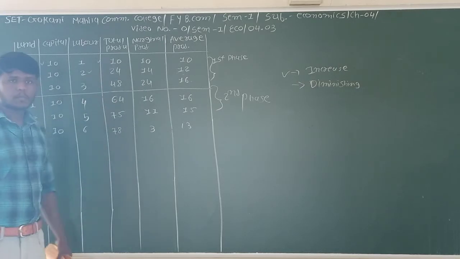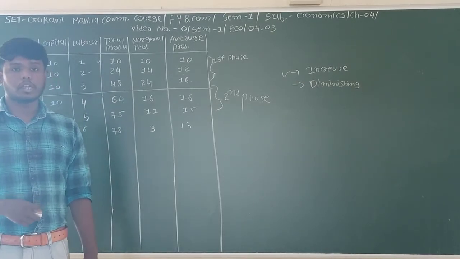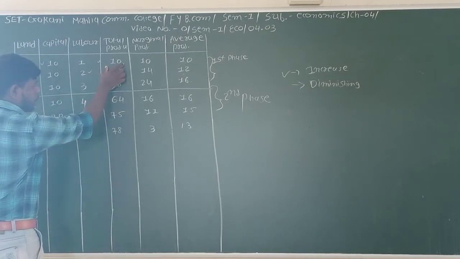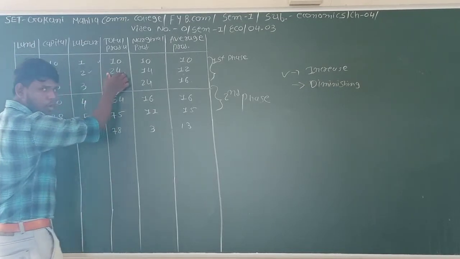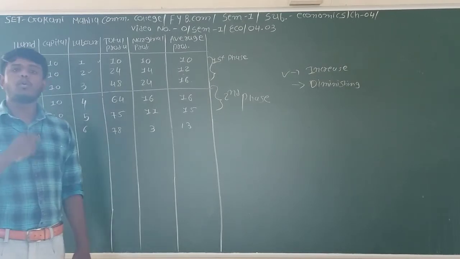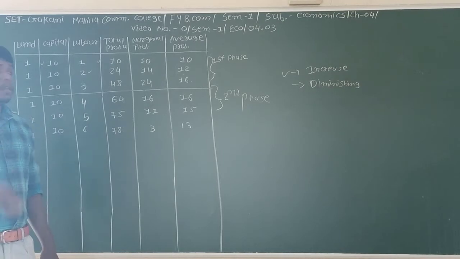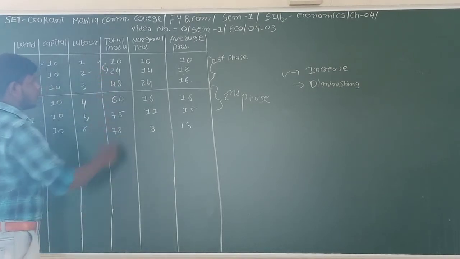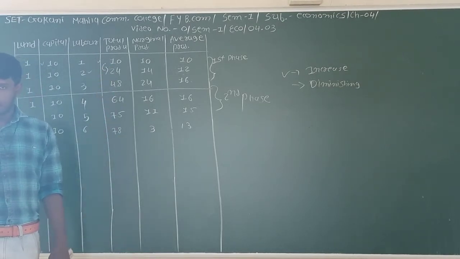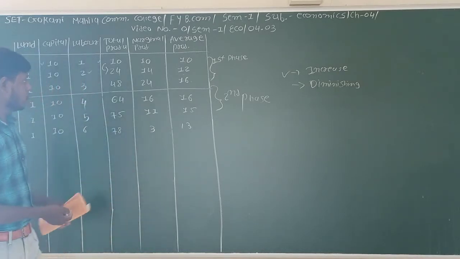So now if you can see this, at that time you can clearly see in the first stage all the production is in the incremental state. From 10 to 24, 24 to 48. It means when you employ more labor in the short term production, in the first phase it will be continuously incremental. From 10 to 24 it is higher, 24 is higher than 10, so it is incremental.